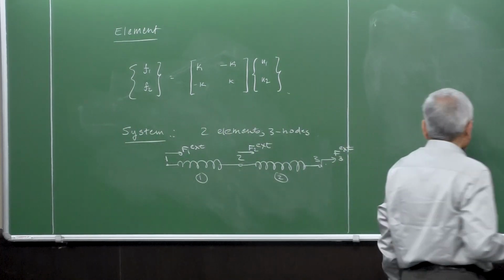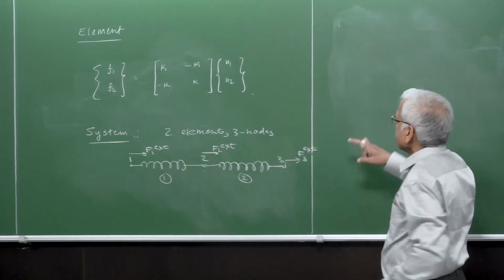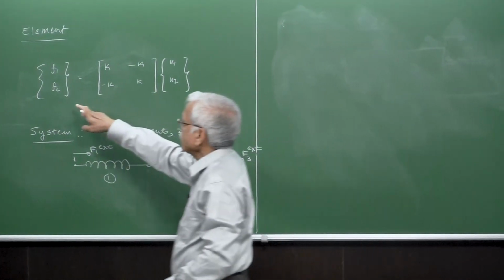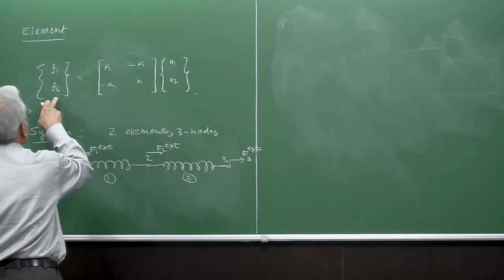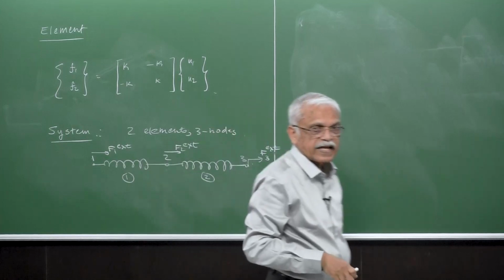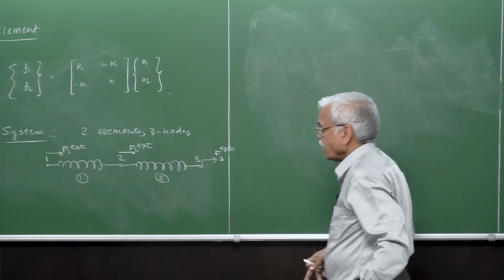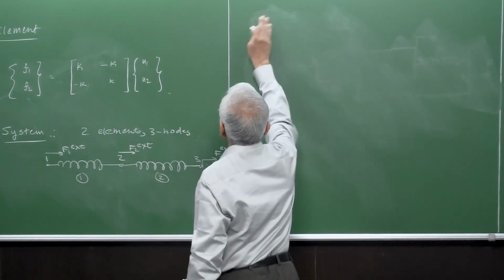What we have obtained so far is the elemental equation. These are the forces acting on the element when the element is written as a free body diagram. So now let's look at how you combine them.